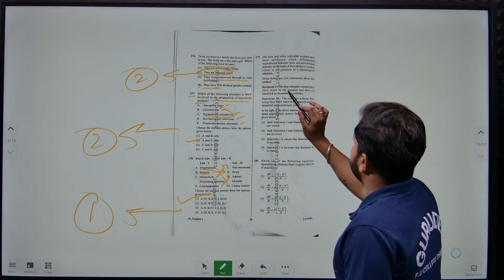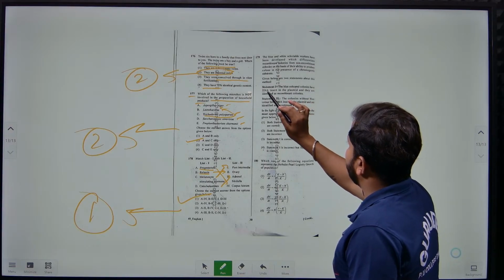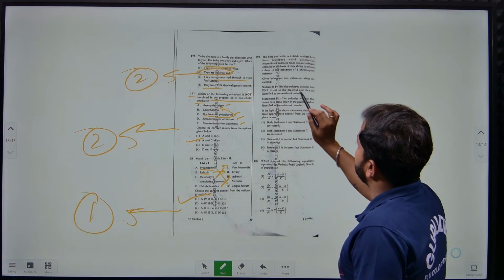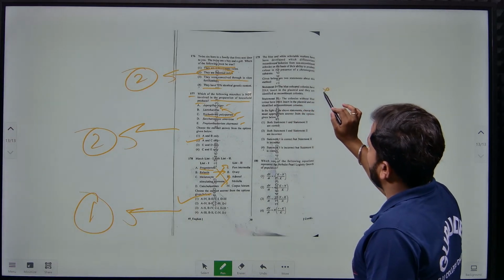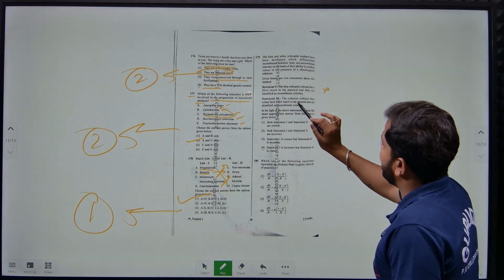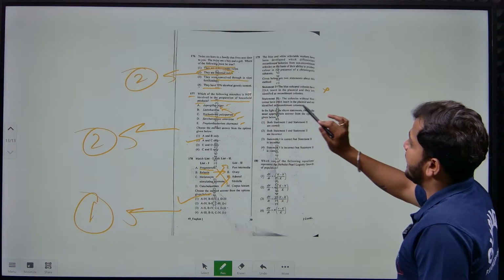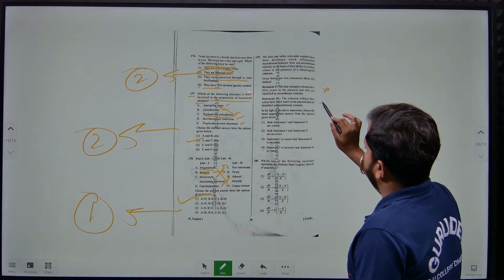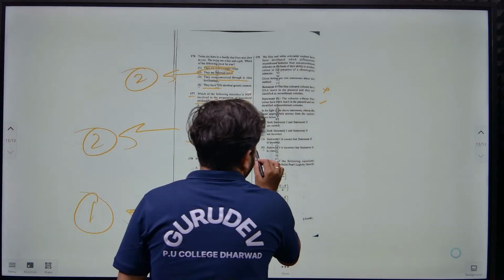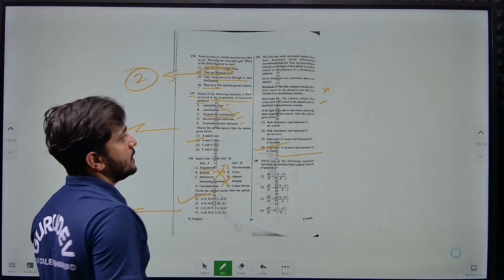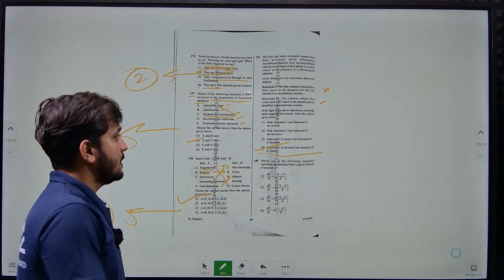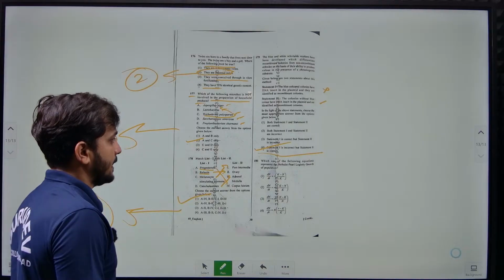Statement 1 says the blue colored colonies have a DNA inserted in the plasmid and are identified as recombinant colonies. No, right? Statement 2 says the colonies without blue color have a DNA inserted in the plasmid and are identified as recombinant colonies. Yes. So statement 1 is incorrect and statement 2 is correct, that is option 4, right?